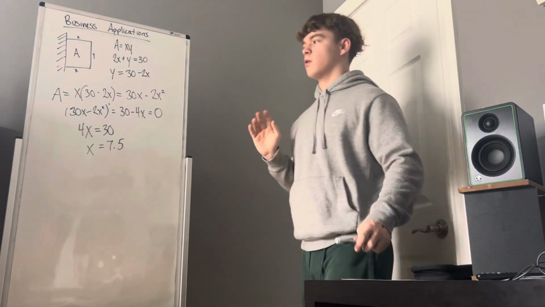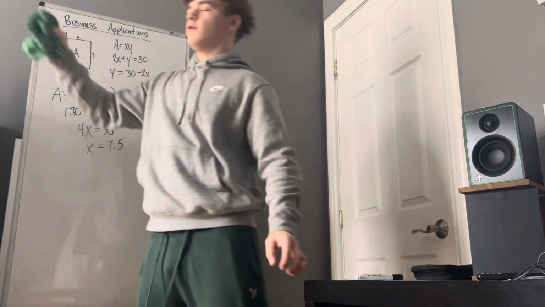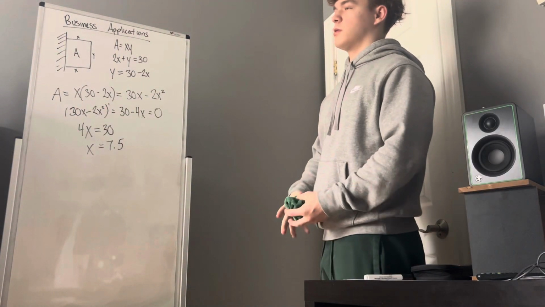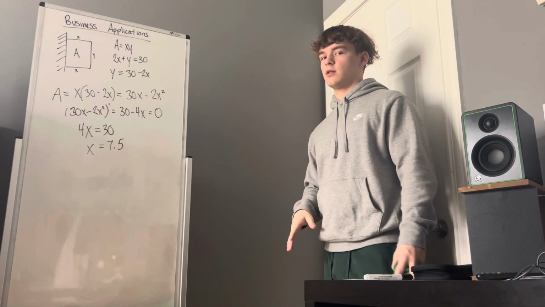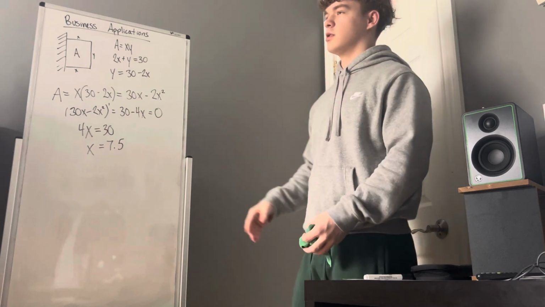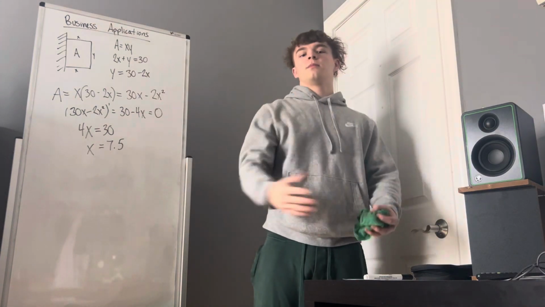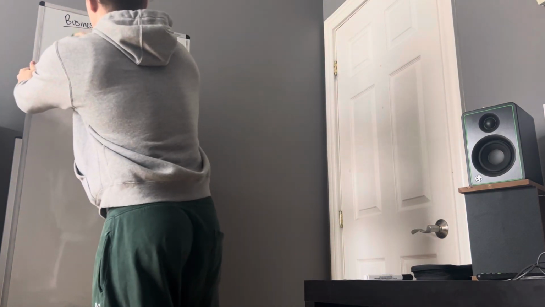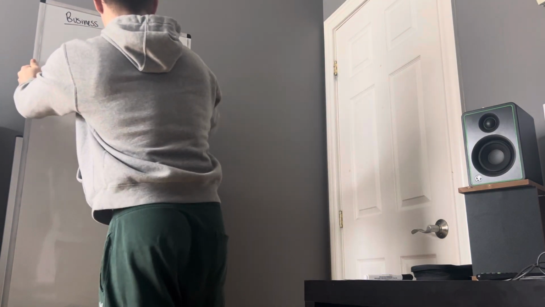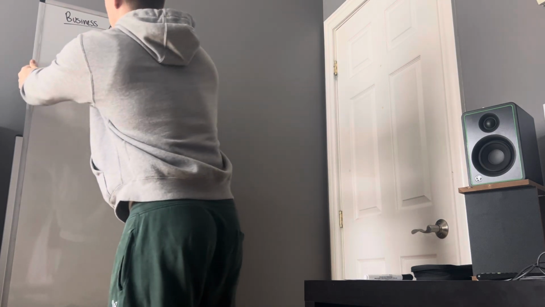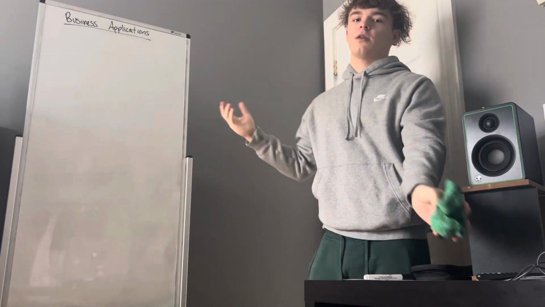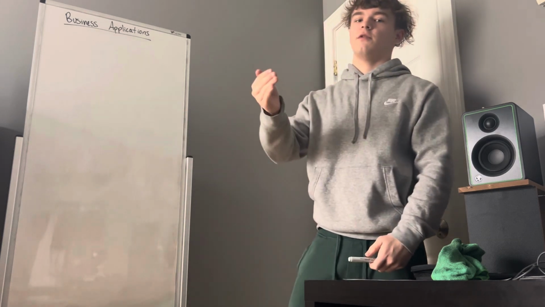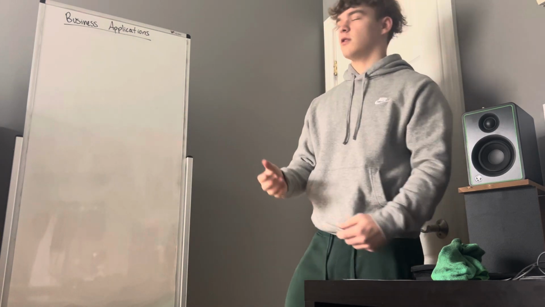And so if this was a more complicated function, we would have to find whether it was an absolute minimum or absolute maximum, but this is only going to have 1 point, and we know it's going to be an absolute maximum because it's just a quadratic that goes like this. So the top has to be a maximum. Okay, that's pretty simple. We could find our y by plugging it in to the perimeter equation, it's just going to be 15 because 7.5 plus 15 plus 7.5 is 30.